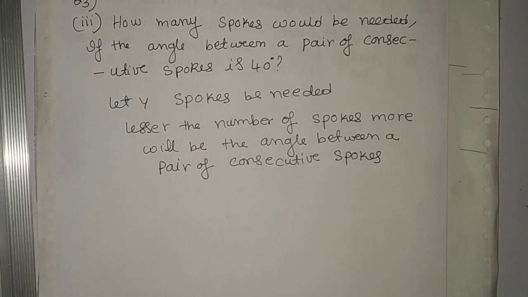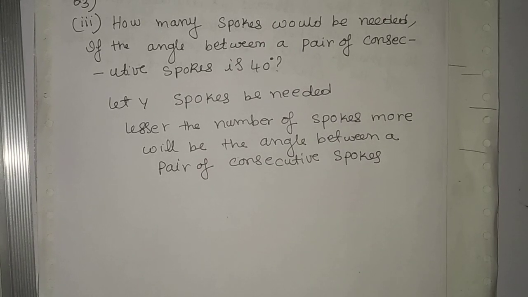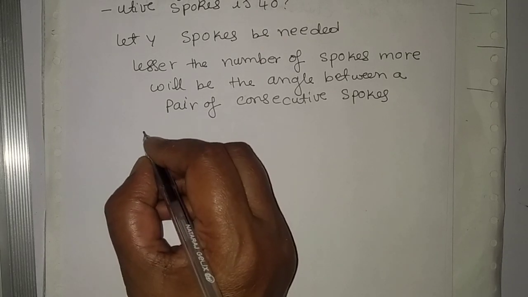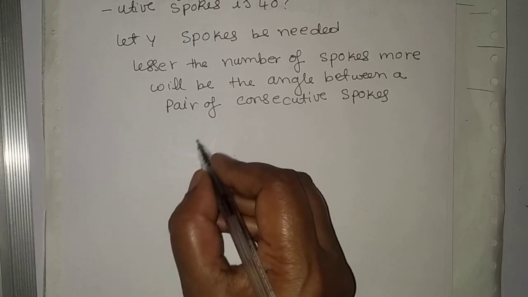So the lesser the number of spokes, the more will be the angle. So in this case, this is also inverse proportion.